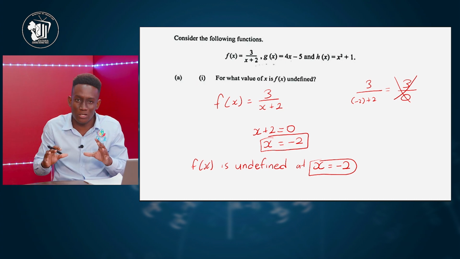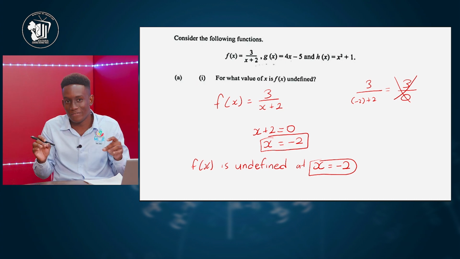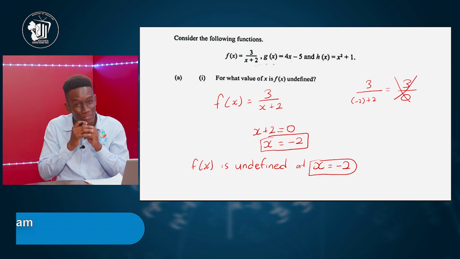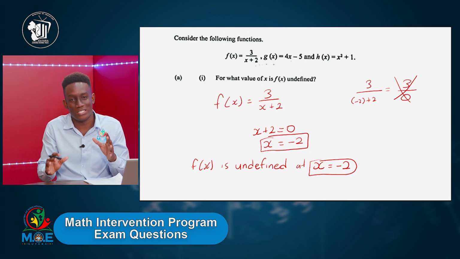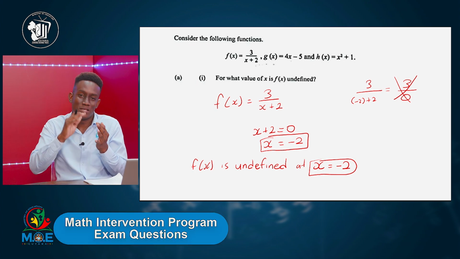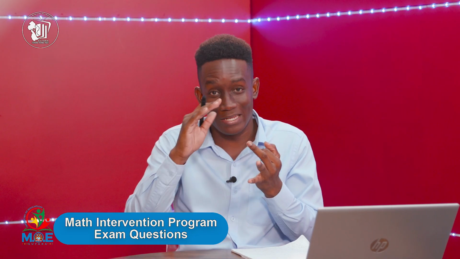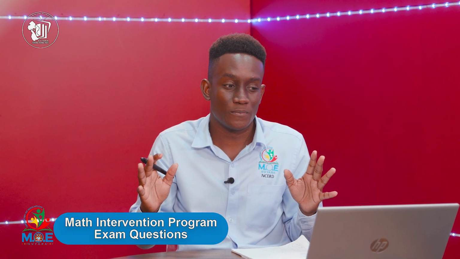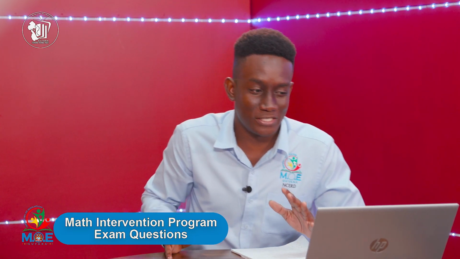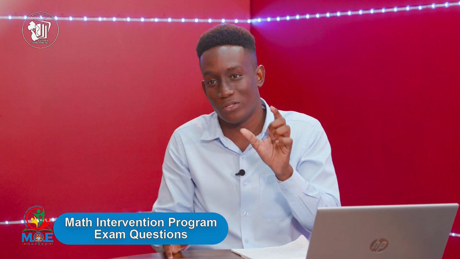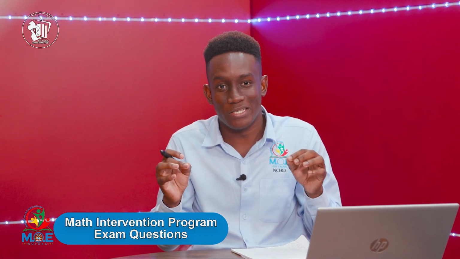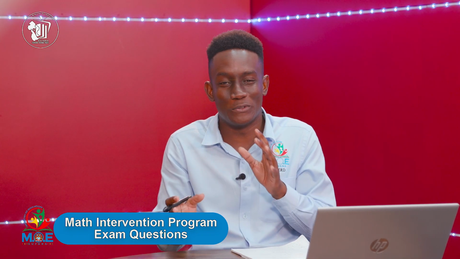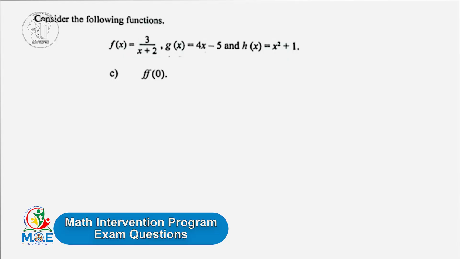Just equate the denominator to 0 and solve, and that would give you the value. And you will get your 2 marks for these questions. So it's just to remember 2 simple things: equate the denominator to 0, and then solve. So when you see these kinds of questions that ask when f of x will be undefined, we just equate the denominator to 0. I repeated this about 3 times. So let's move on to the next question.